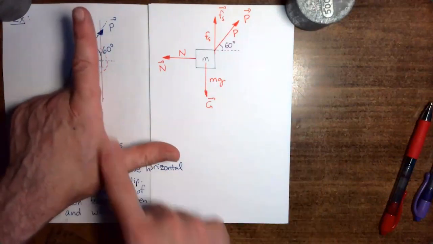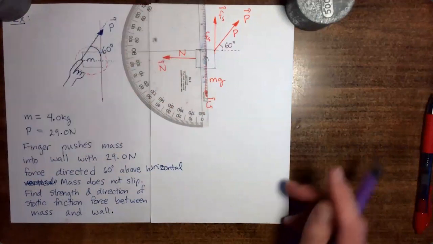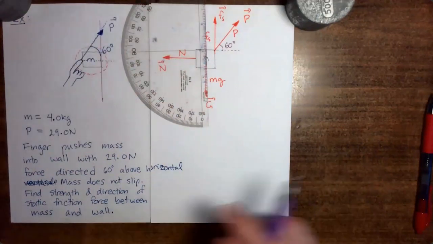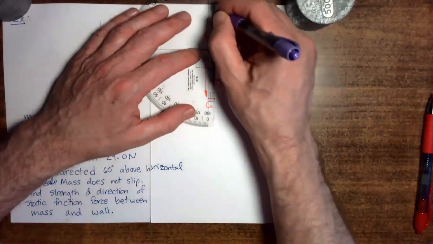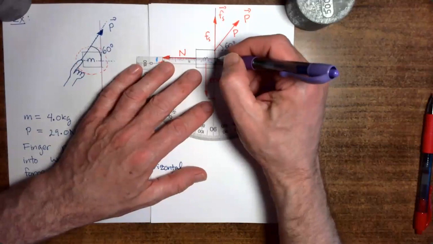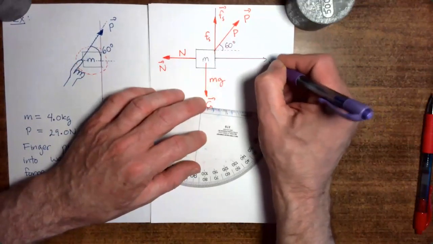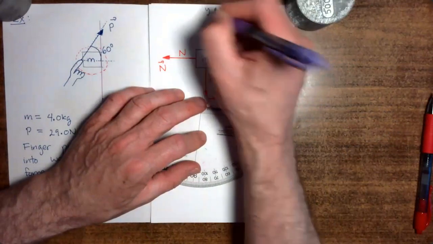So this is the clear choice. Okay, so I'm going to go in and put in x and y axes. Okay, so x to the right, y up.